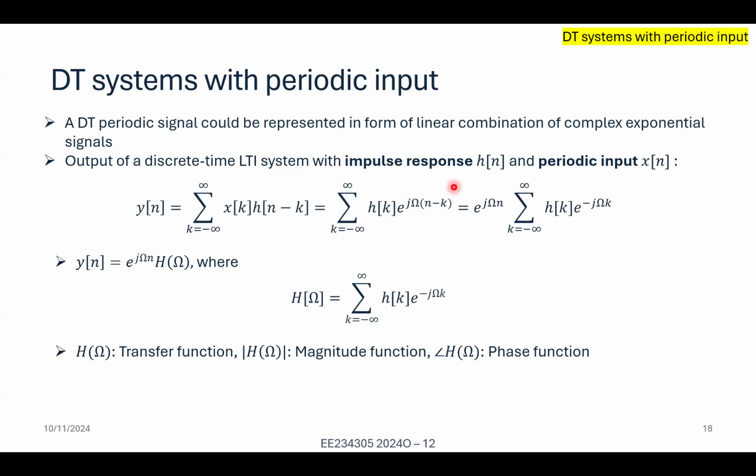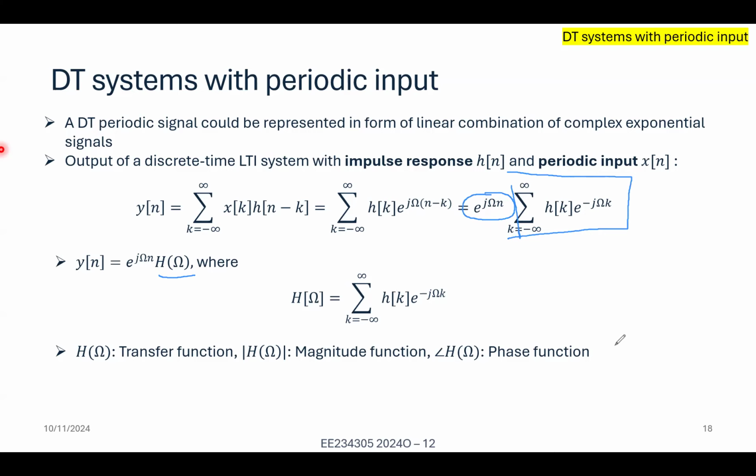So this is the periodic input x with the complex exponential e to the j omega n. We just pull this out, and this is called the transfer function, the one that you already knew before going into discrete time systems.